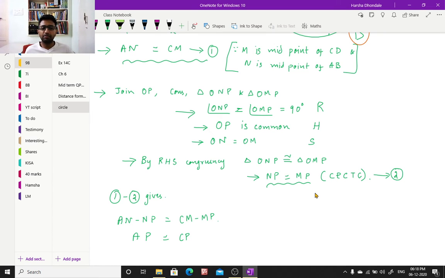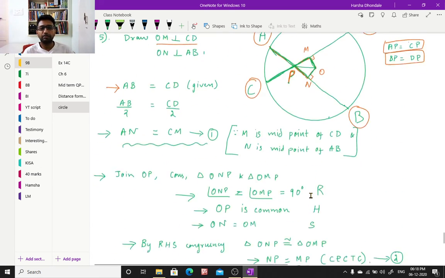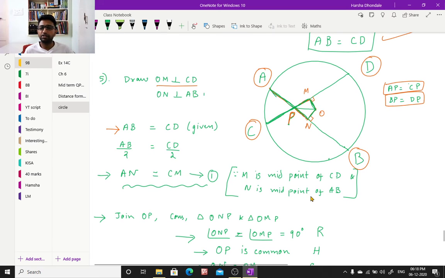So what is AN minus NP? You have to see the diagram. AN minus NP gives you AP, and CM minus MP gives you CP. This is the first part that we are supposed to prove, and the first part is proved, done.